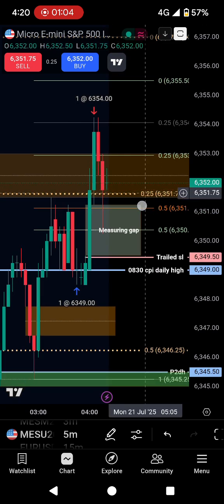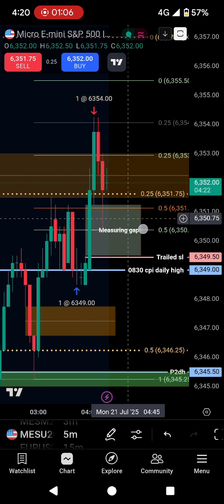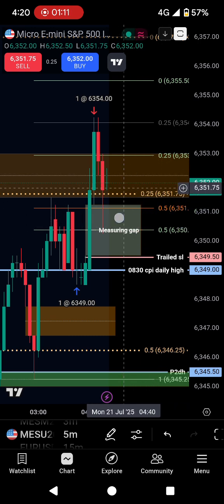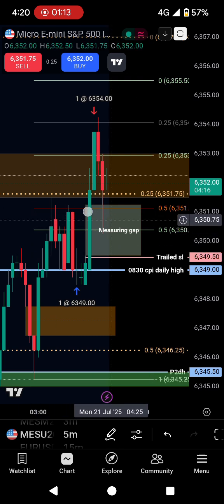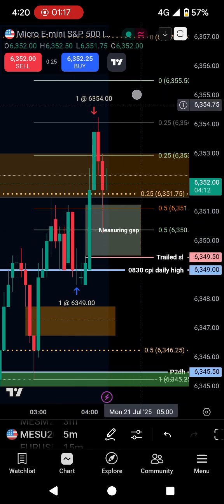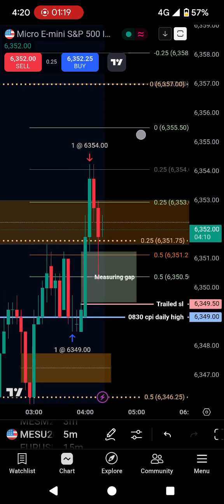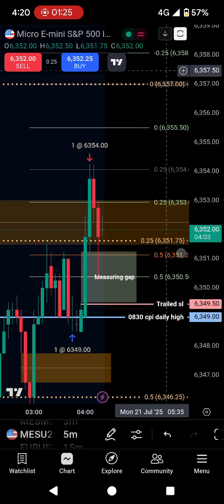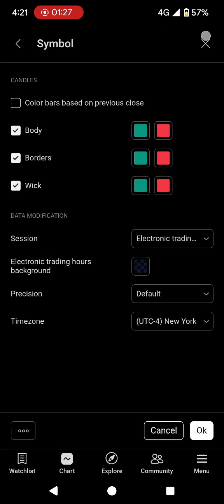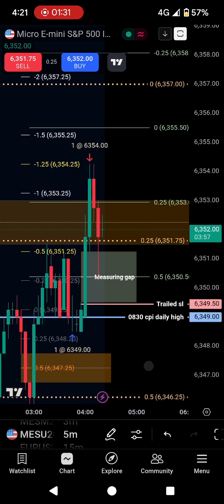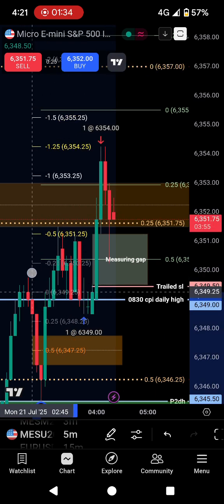Because this is basically the upper quadrant of the weekly wick's upper quadrant, order block, fair value gap, measuring gap, and here is where I'm aiming for. Here is basically my terminus, which is the, what is that called? The refined version of the implied dealing range, and this was where I was drawing my fulcrum point.